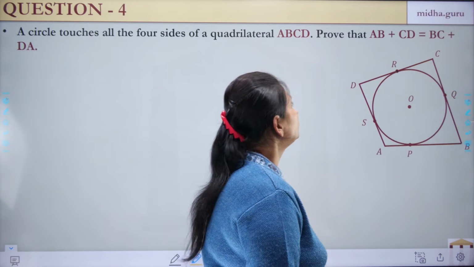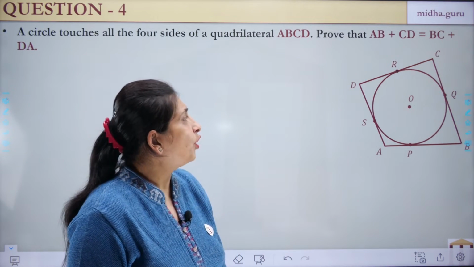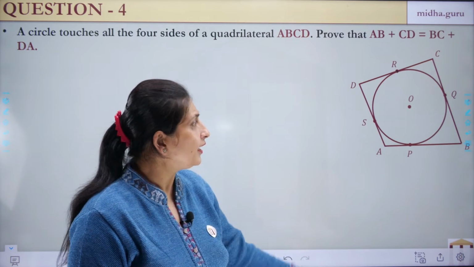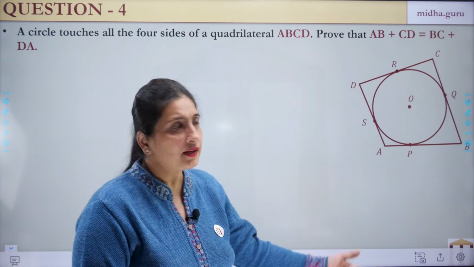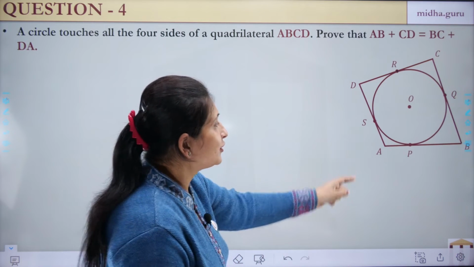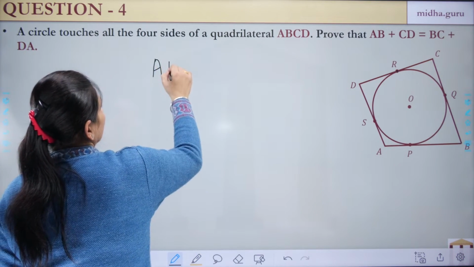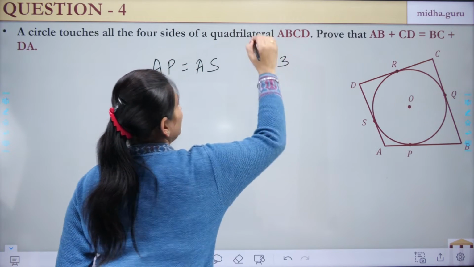What do we know? Yes, from theorem 3 we know the tangents drawn from the external point of a circle are equal. Tangents drawn from an external point to a circle are equal. So we can write, if we see from point A, we have two tangents which is AP and AS. So can't we write AP is equal to AS? Again, write the statement of the theorem.